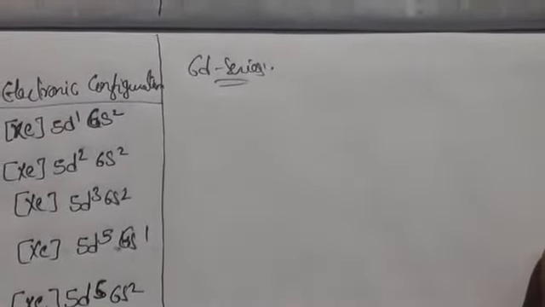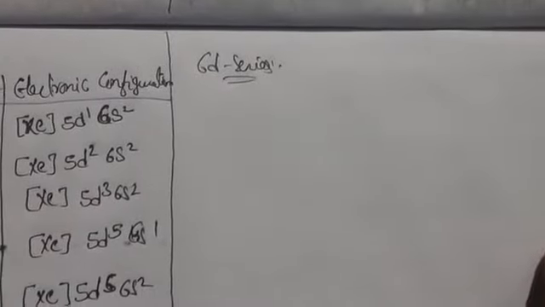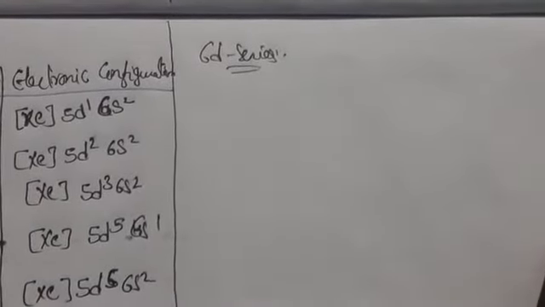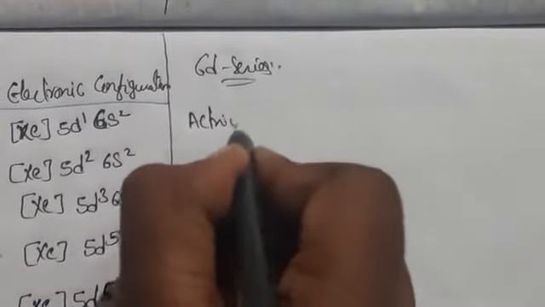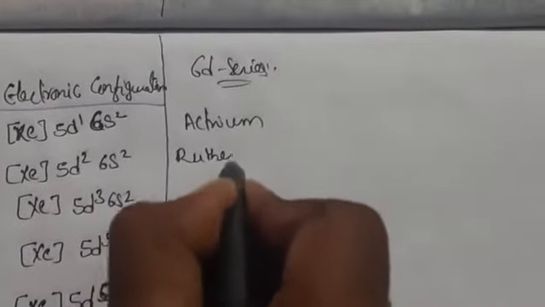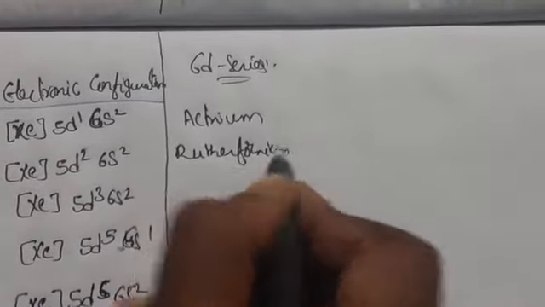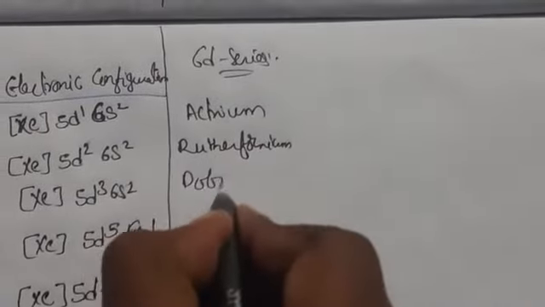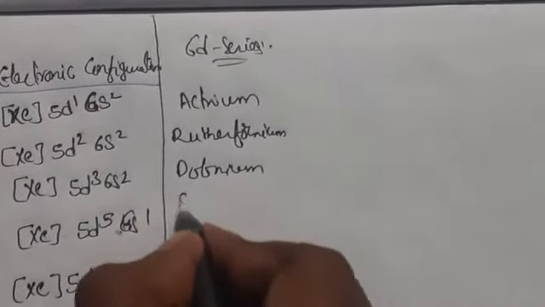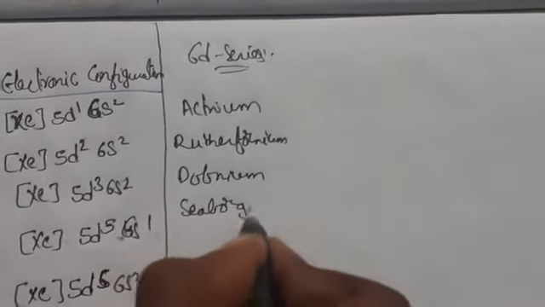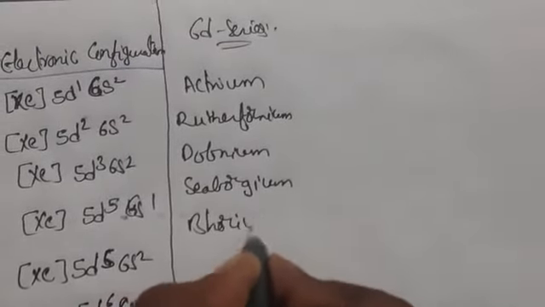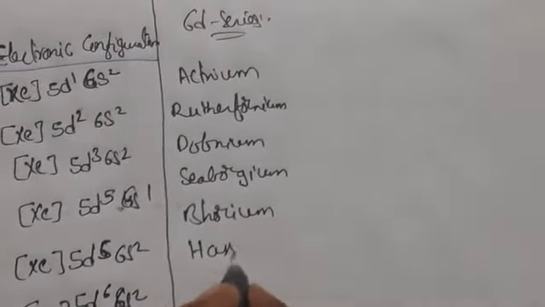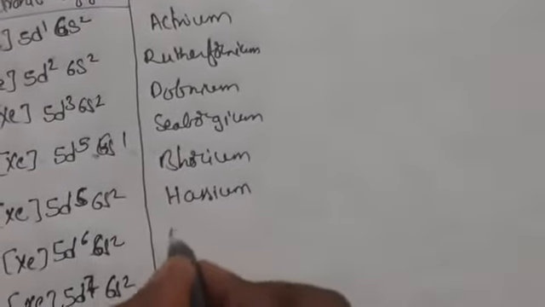That one we call the actinium series. So that is actinium, rutherfordium, dubnium, seaborgium, bohrium, hassium, meitnerium, darmstadtium, and next one roentgenium.